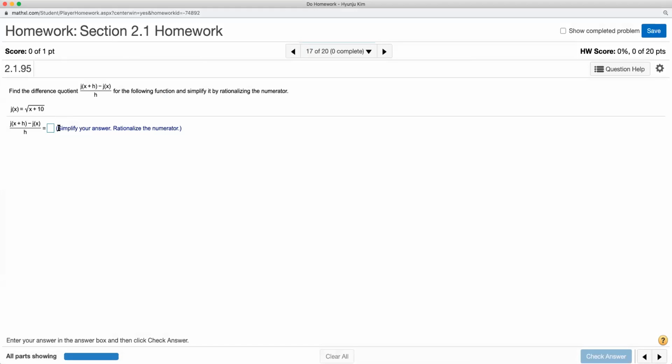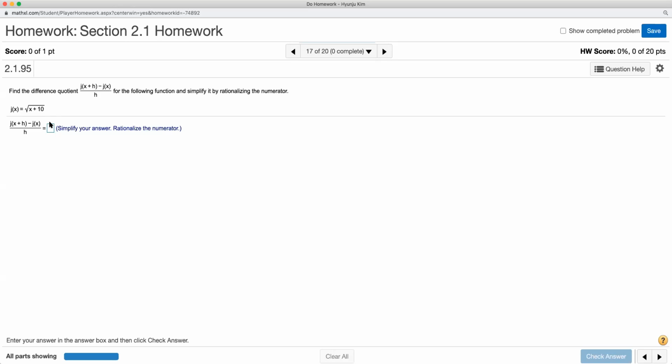I think you will probably see a problem asking you to find the domain and range of square root functions, right? I solved similar problems, but let's see. I'm going to find the domain and range.